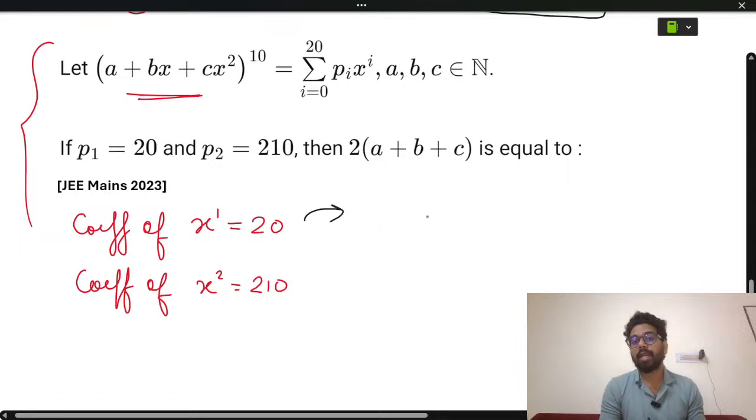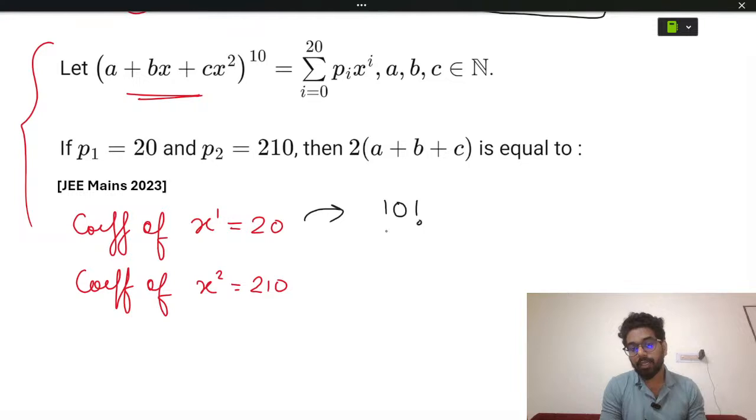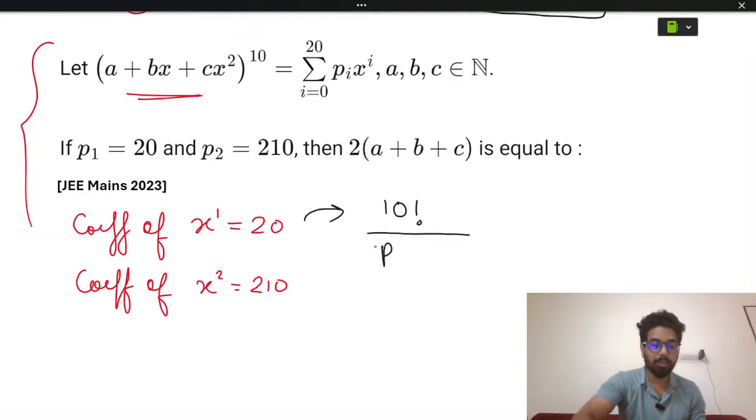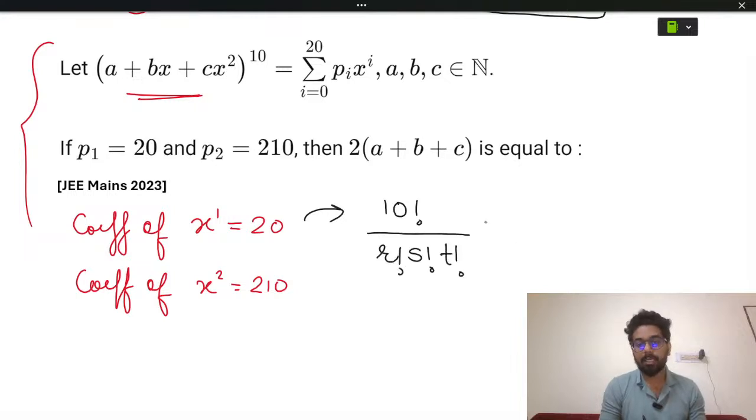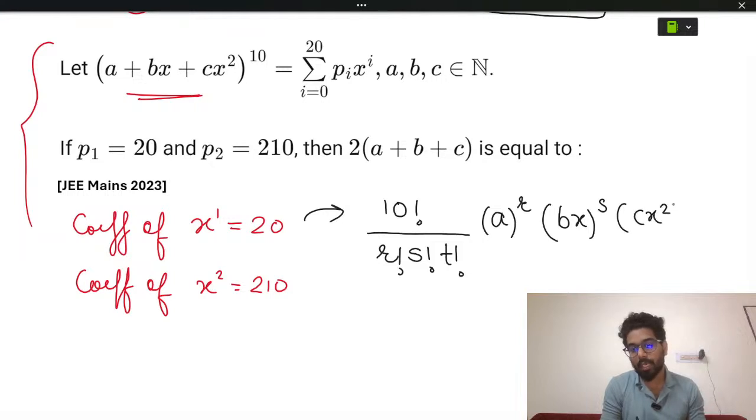If I wanted to write down the general term, what it should be? 10 factorial divided by, now there are three terms, so p factorial, we can use p, no, let's use r, s, t, r factorial, s factorial, t factorial, multiplied by a to the power r, bx to the power s, and cx square to the power t.